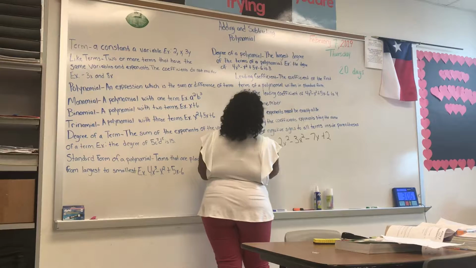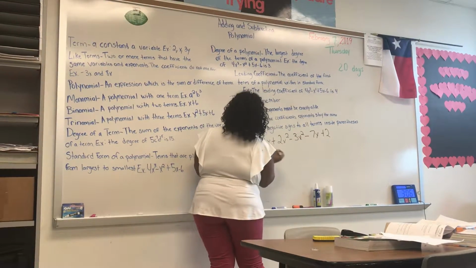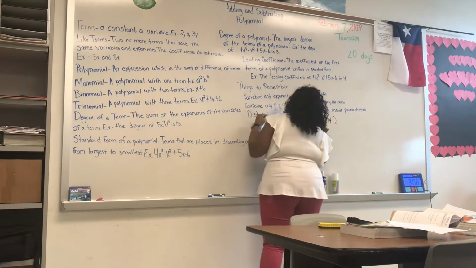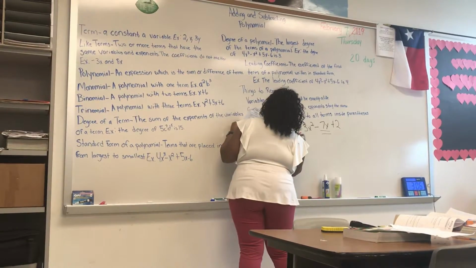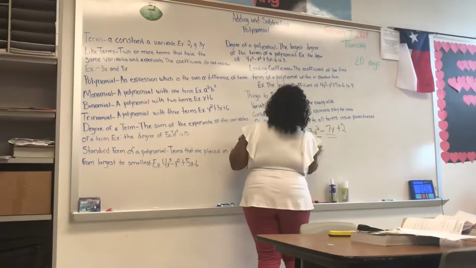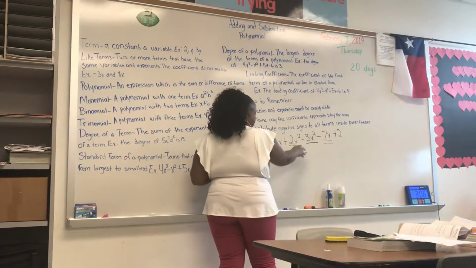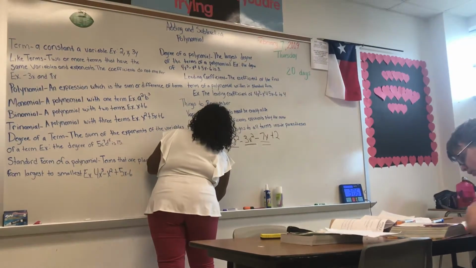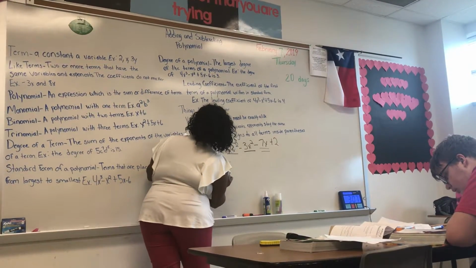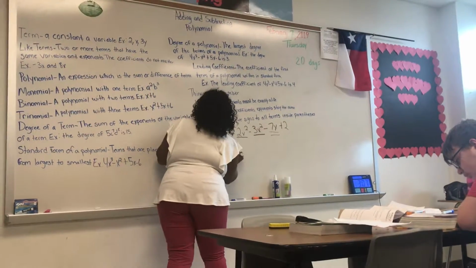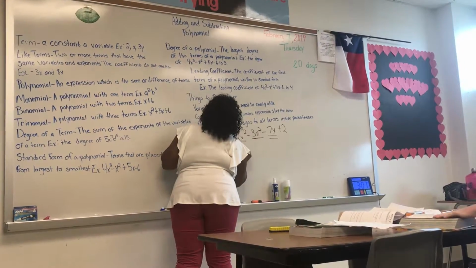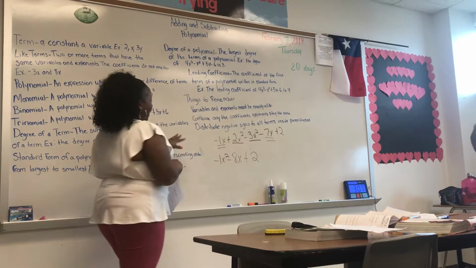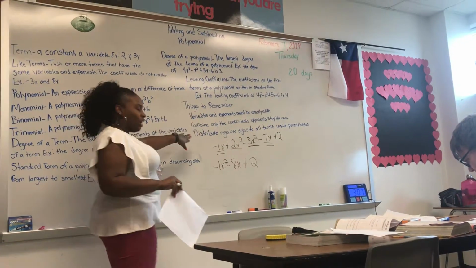So we're going to do it horizontal. We're going to find our like terms and put our lines under them. And don't forget our 2 is by itself because we don't have anything going with it. So we'll do negative 1x squared minus 8x plus 2. We got the same exact answer we got the last time. We just did it horizontally.